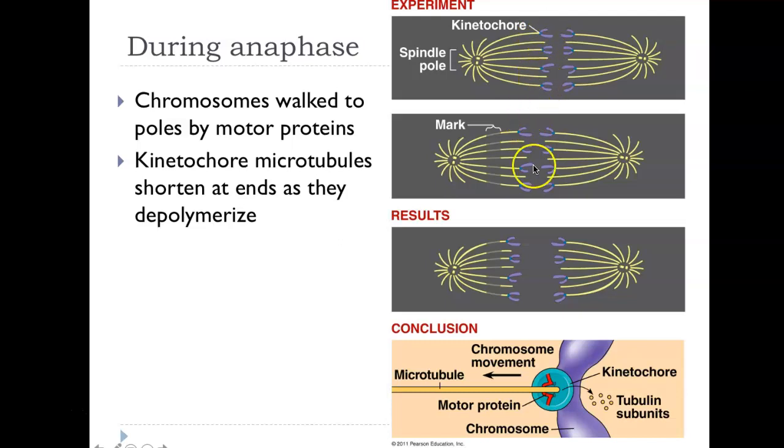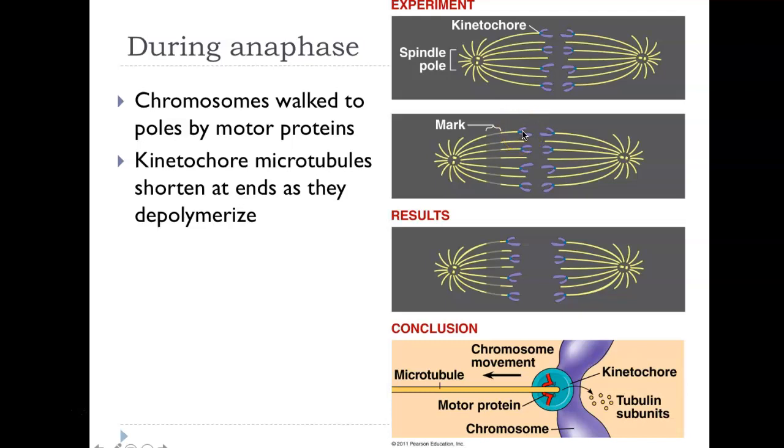The kinetochore then chops the spindle as it goes. So it almost is like a walking motion. So chromosomes walk to the poles by motor proteins. They walk down the microtubule spindles with a motor protein that is inside of this protein called a kinetochore.